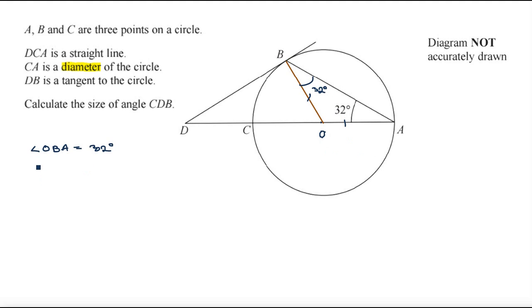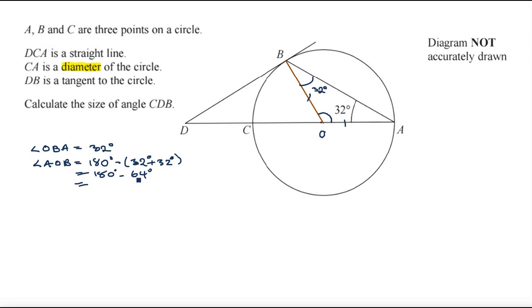And that means that this angle here, AOB, must be 180 minus 32 plus 32, which is 180 minus 64, giving us 26 degrees.